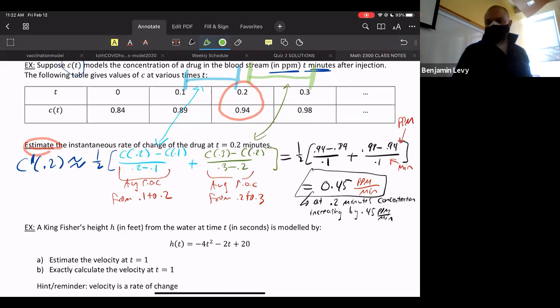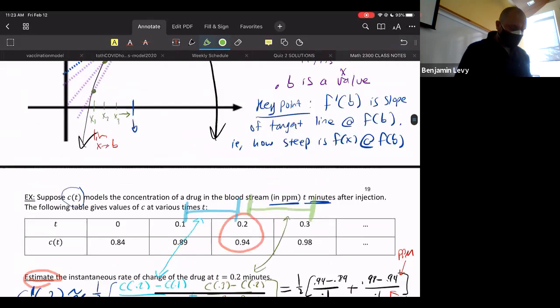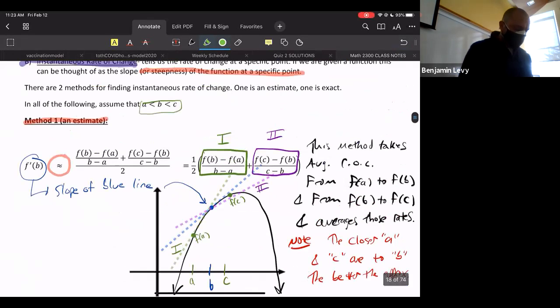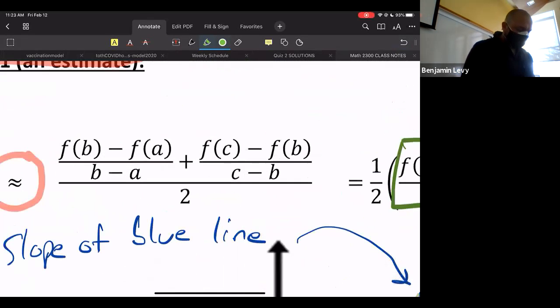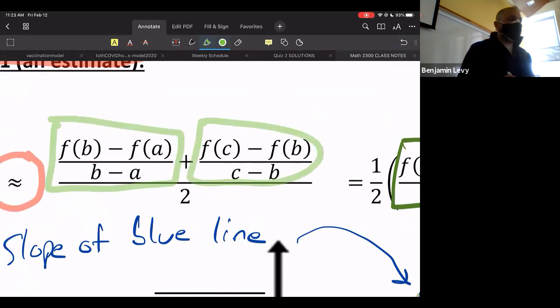Someone said, why is there a 1/2 in front of the equation? Because what we're doing here, this is kind of the best way to think about it. We're taking the average rate of change from two places, right? One's too big, one's too small, and then we average those two things. And so when you have two numbers and you want to average them, you add them together and divide by 2. So that's what's going on here.